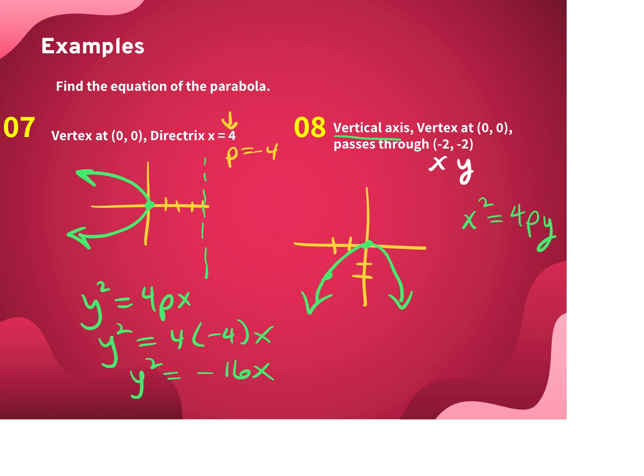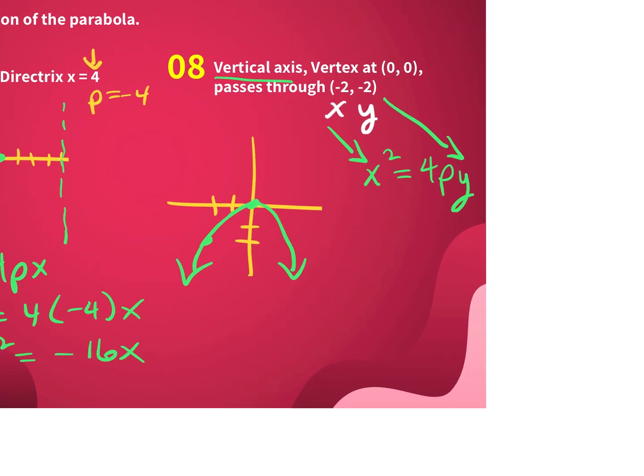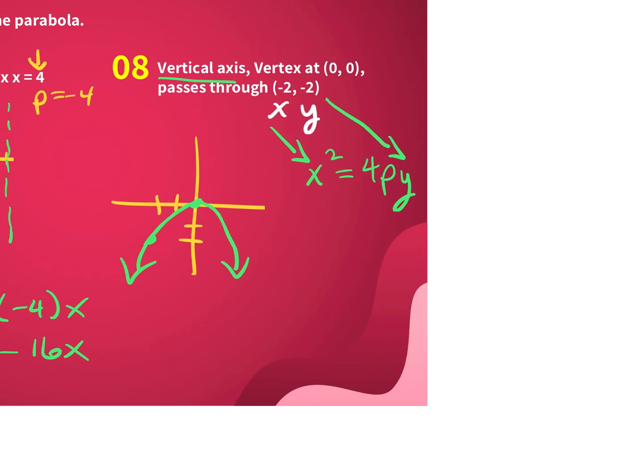Now, for this one, I don't have a focus or a directrix, so I can't jump right to my p-value. I've got to solve for p by plugging in x equals -2 and y equals -2. So if I plug that in, maybe I'll come over here to the side. -2 squared equals 4p times -2.